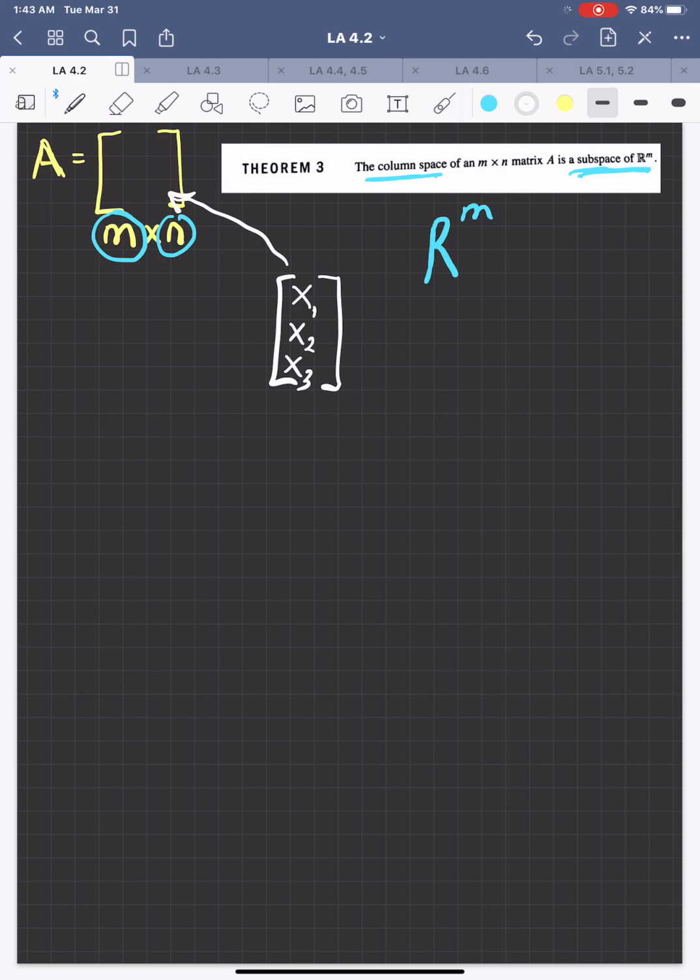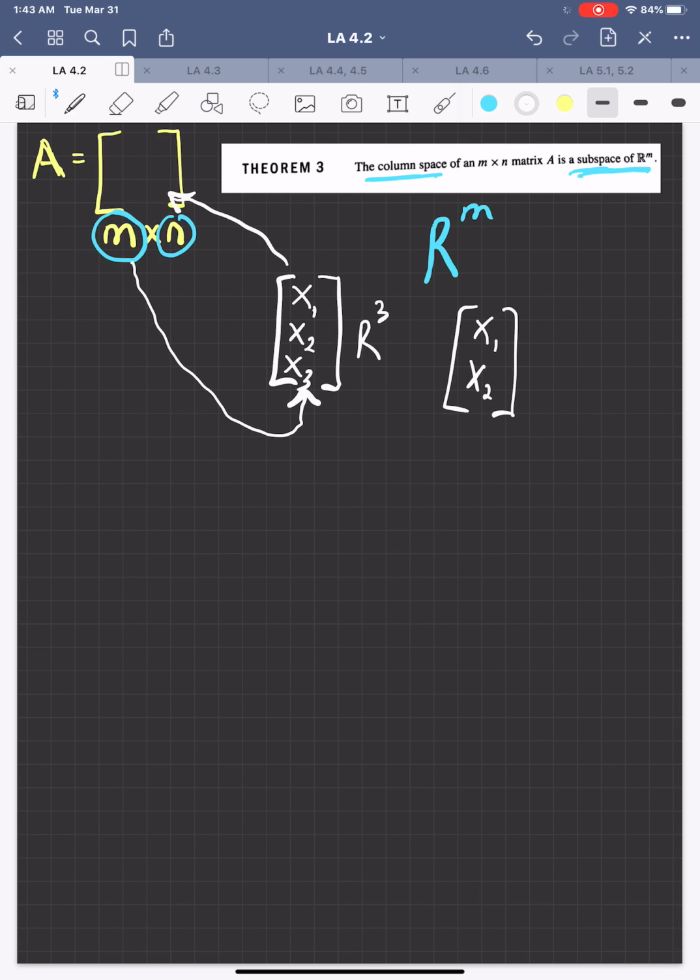So what space would this be? This would be R3. But do you see how the m, the number of rows of each column, will end up determining the space that the column is in? Right? Let's imagine the column would look like this instead. Let's imagine it looked like this.